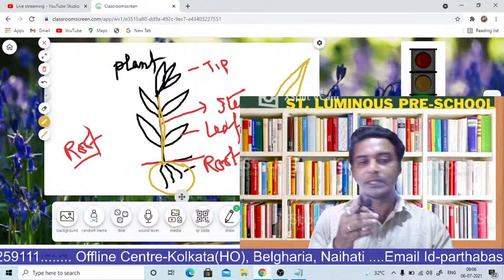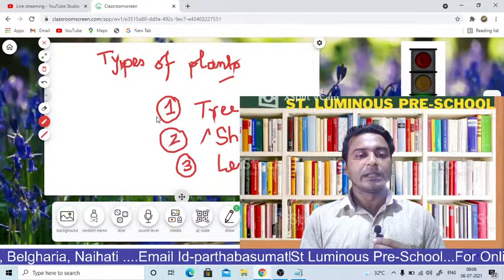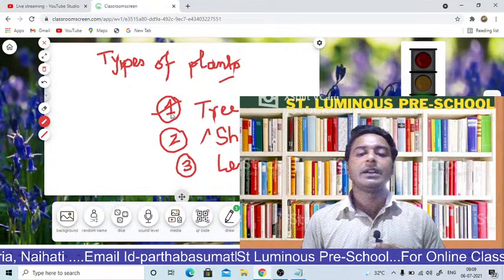Look here, the tree is the tallest plant in our plant kingdom. Generally the height of the tree is the highest, tallest, timber producing, so you can say this is a tree.